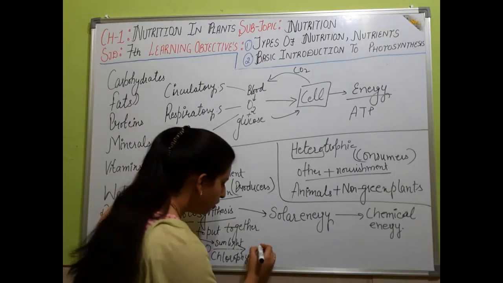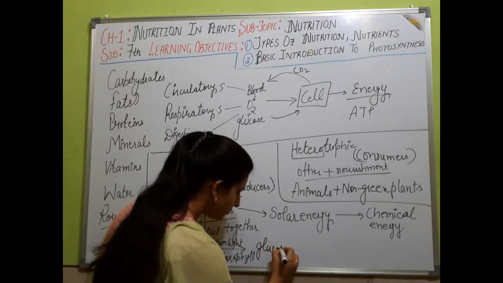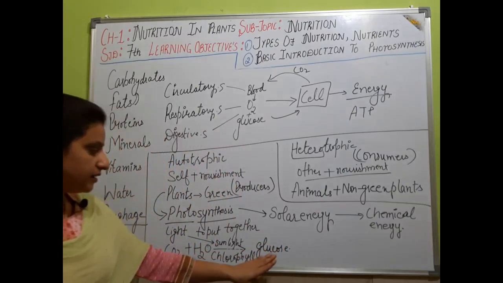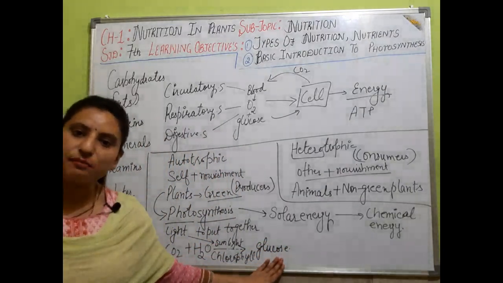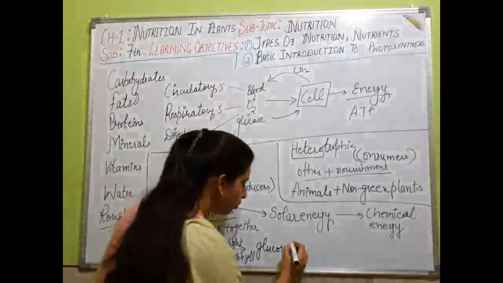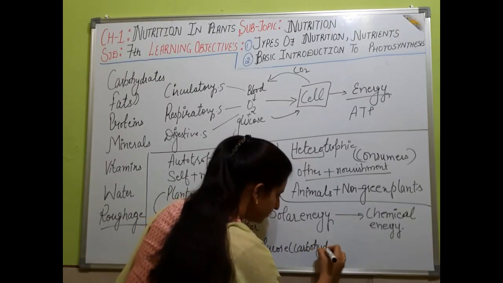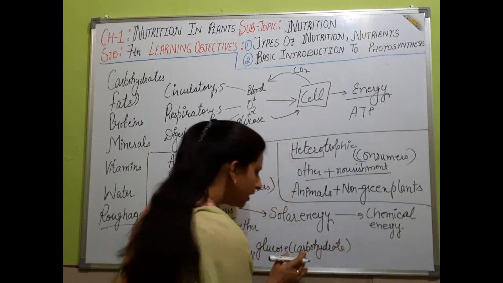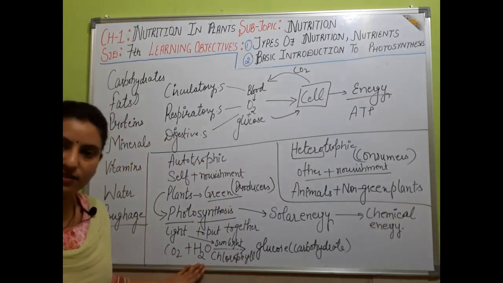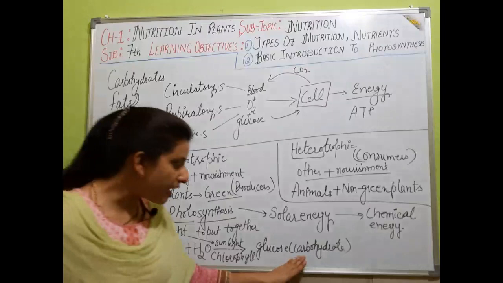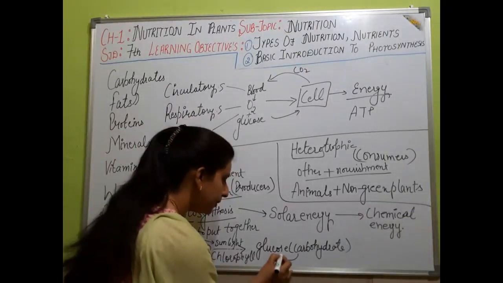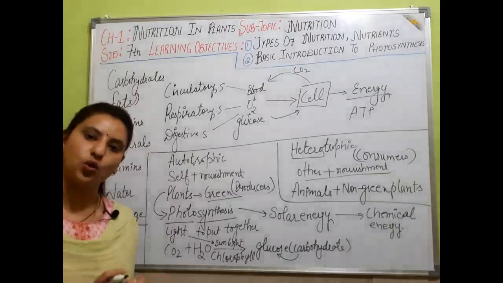You are going to have glucose. This glucose is mainly in the form of carbohydrate, or you can say that carbohydrate we are going to synthesize. And this carbohydrate is in the form of simple sugar, that is glucose.